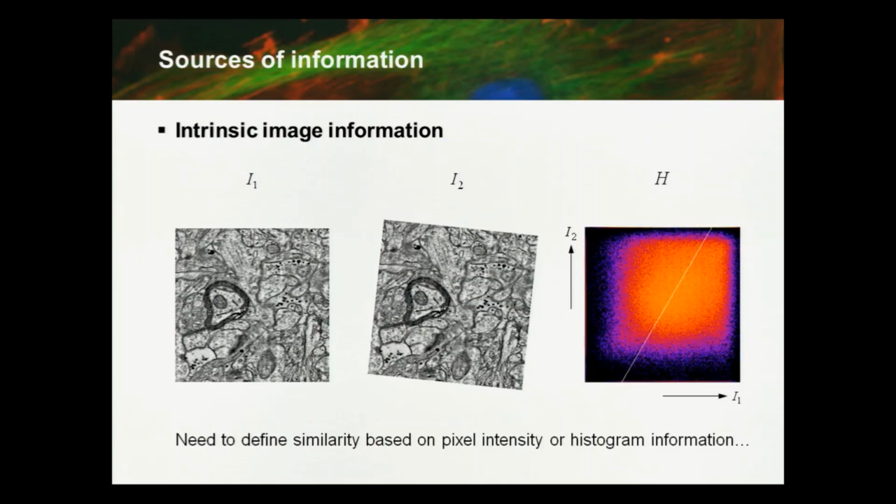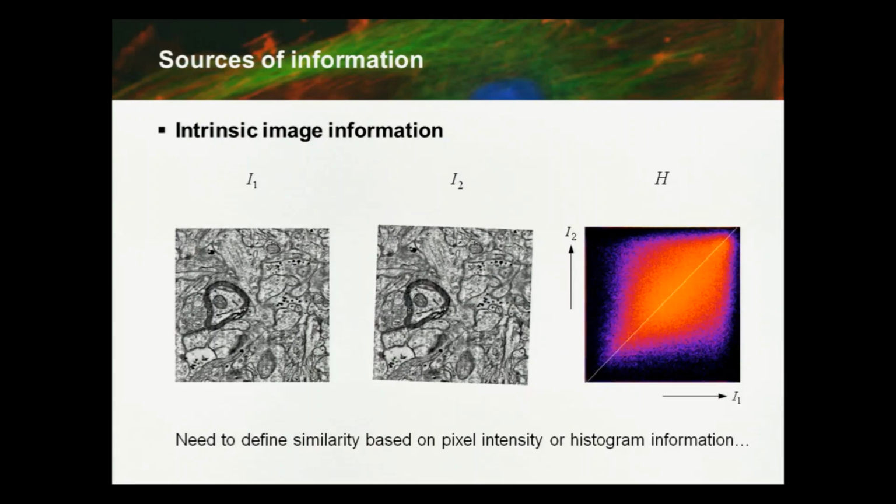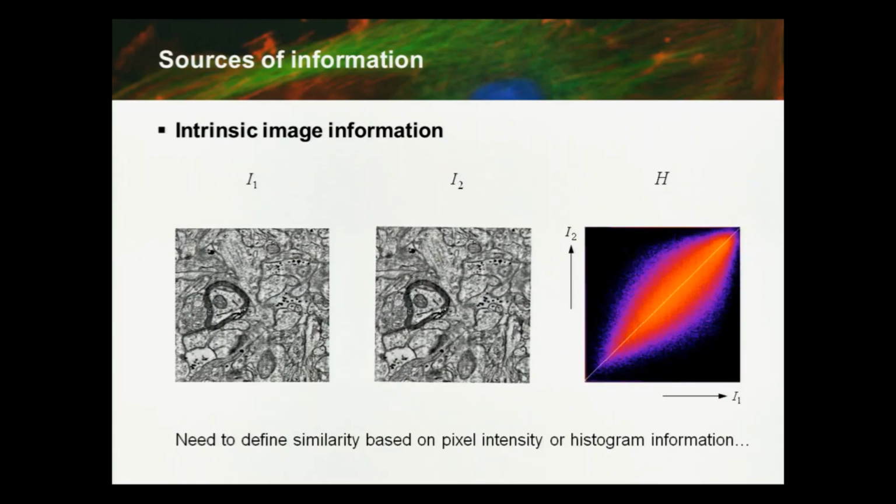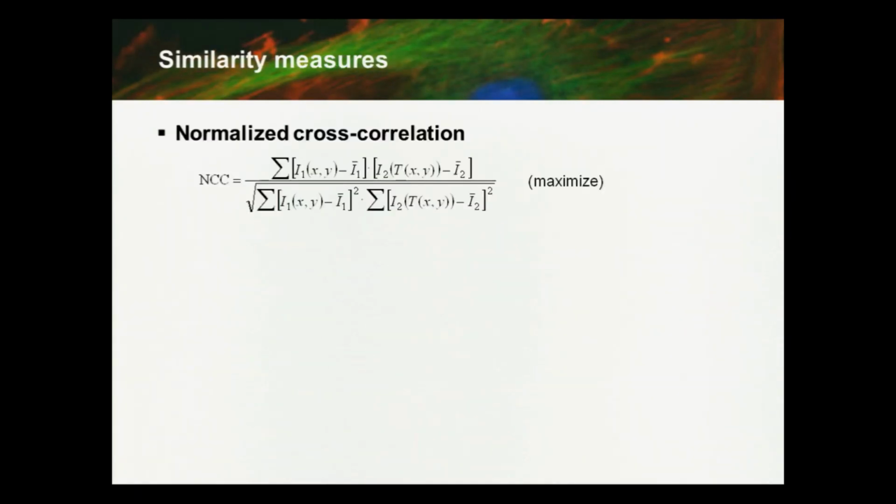So now the question is, how do we quantify similarity? There are different measures being used in the literature and in practice. The most obvious one is cross-correlation, which directly multiplies image intensities. So you have image 1, pixels x, y, so this is just a two-dimensional case.